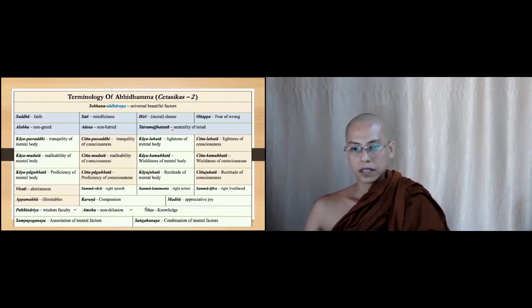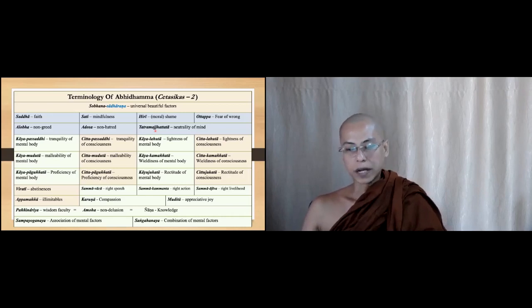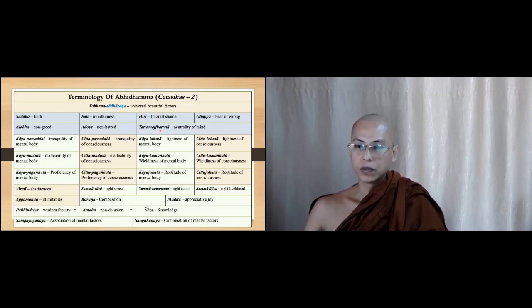The word Tatramajjhattata is sometimes used for Upekkha, neutrality of mind. The word Upekkha also applies in this case sometimes. So this is 7, and this other is 12 mental factors.